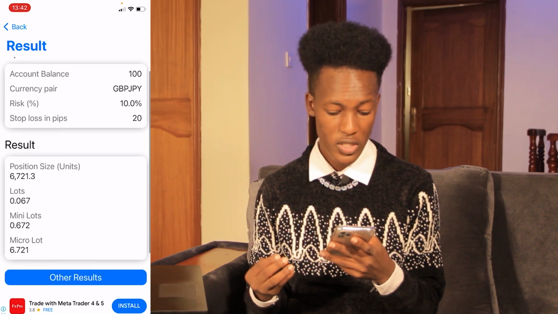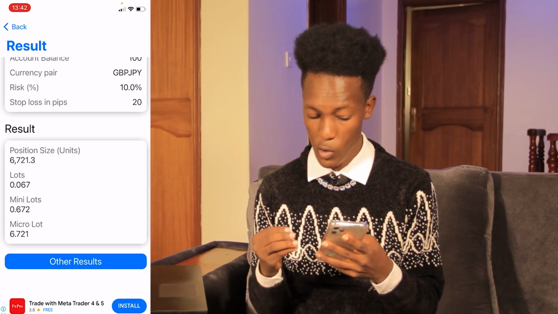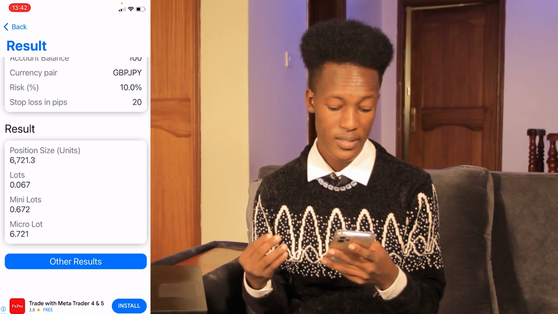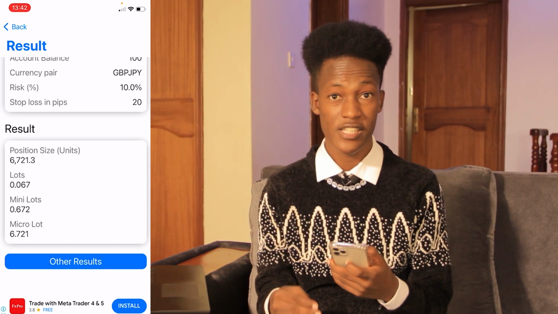What we need most importantly is the lot. You can see the lot size we are supposed to use is 0.67. That's how the calculator works. In this case, when you open a trade, you are going to open it with a lot size of 0.06.